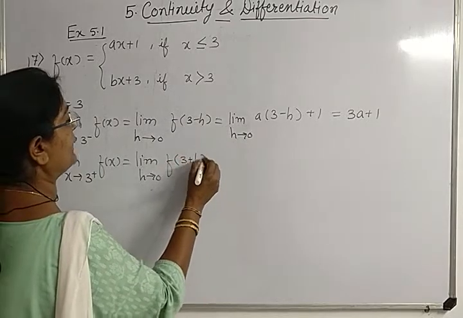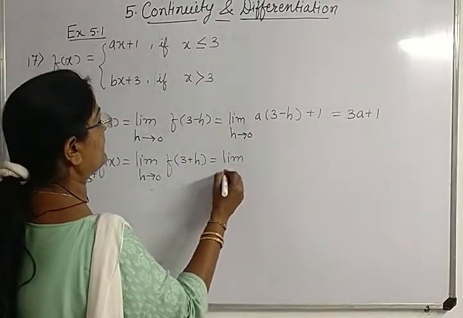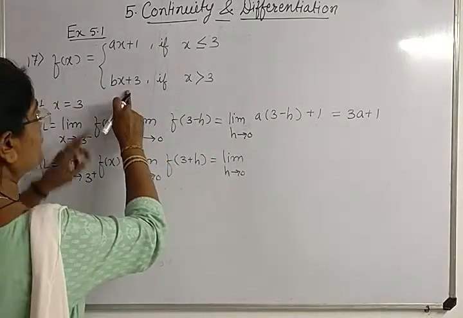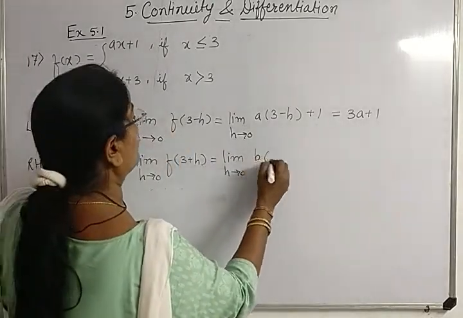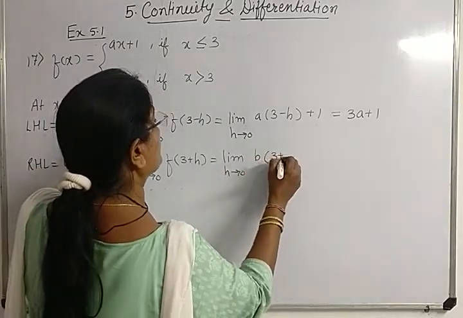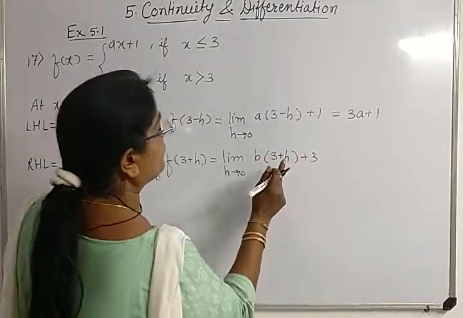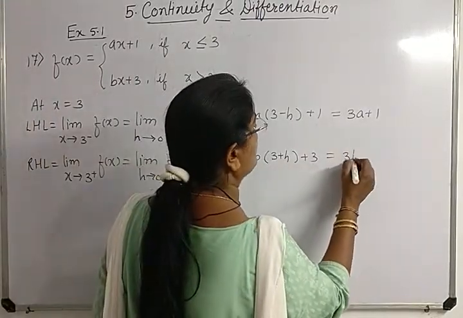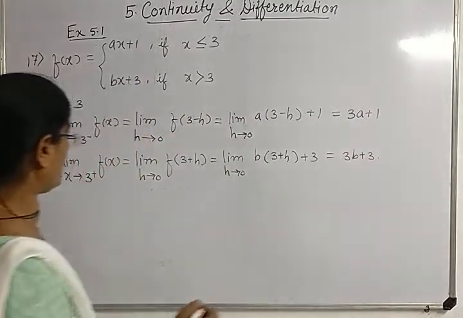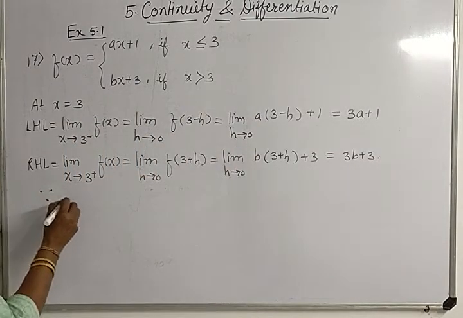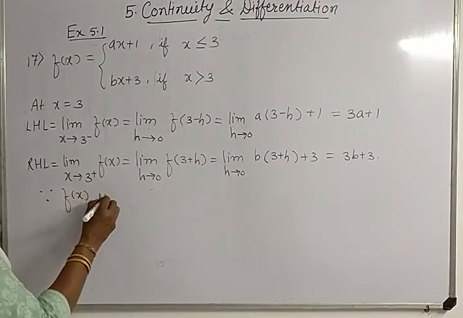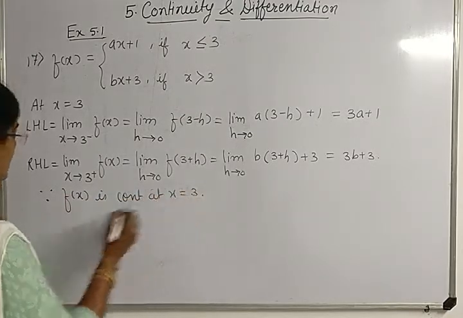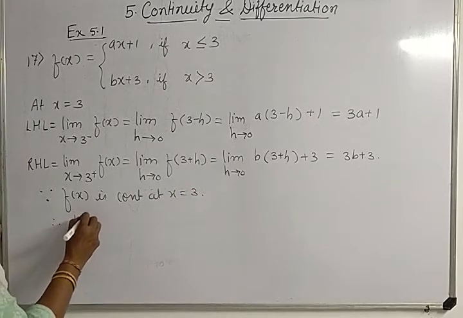For positive value the function is this one, that is b into bracket 3 plus h plus 3. Value of h is 0, so 3 into b is 3b plus 3. Its answer is 3b plus 3. Now since f of x is continuous at x equal to 3, therefore left hand limit equal to right hand limit.